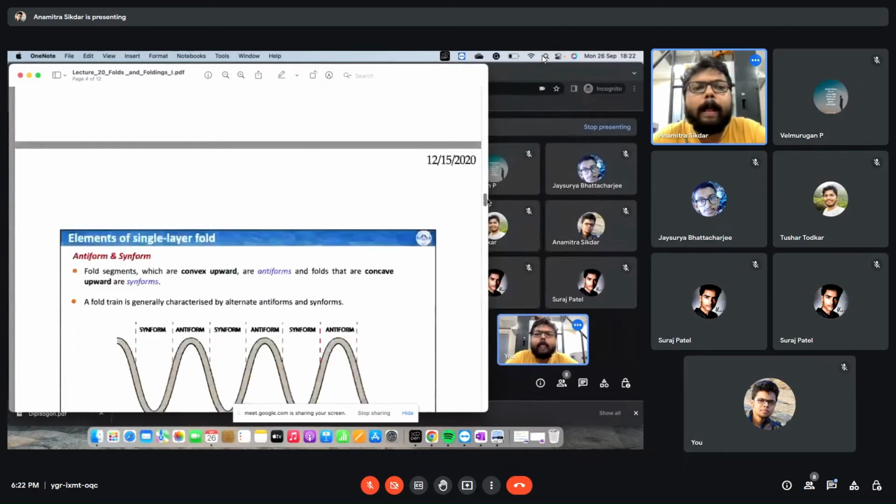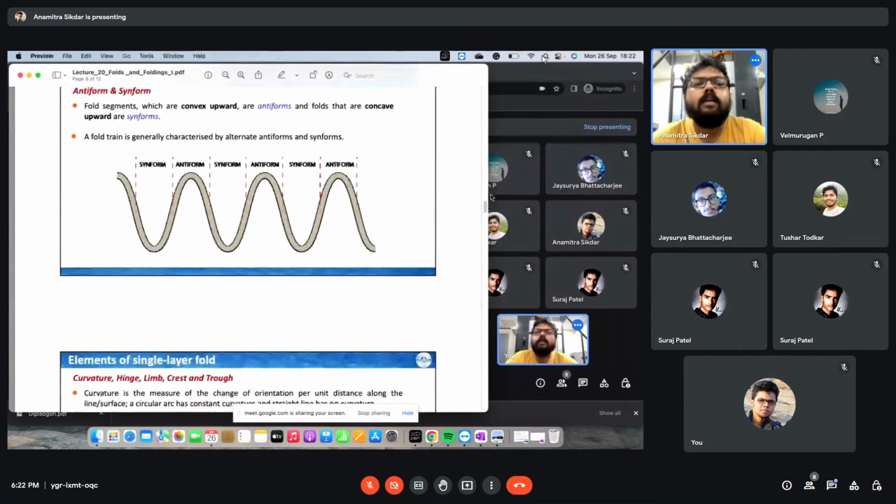So yeah, synform and antiform. If the fold is, for example, convex upward, like this one, when you are observing the fold at, for example, a vertical surface, then we call this antiform.